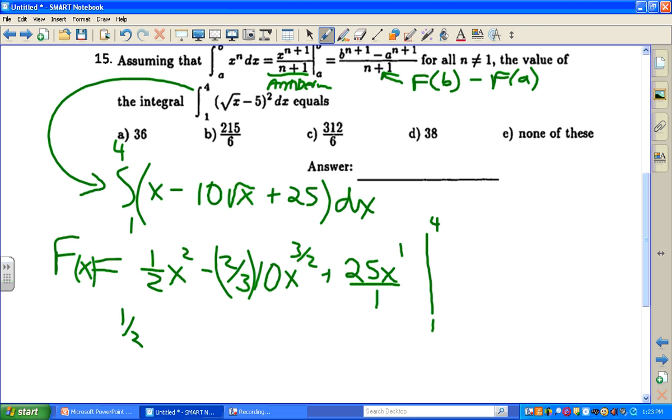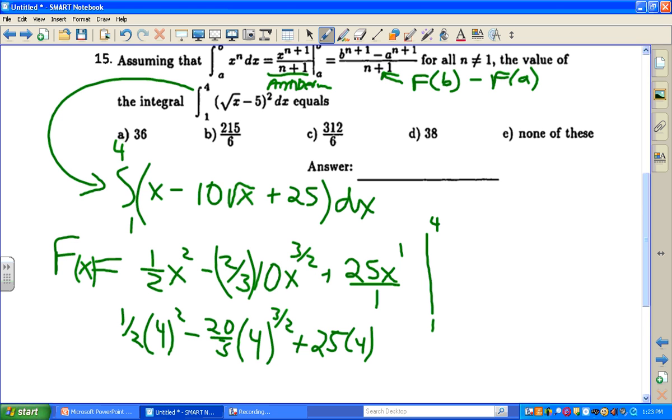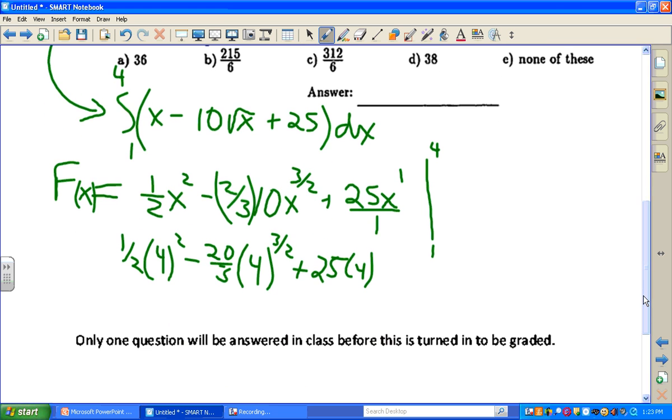So I have 1/2 4 squared minus 20/3 4 to the 3/2 plus 25 times 4. Here comes the fatal mistake made by a lot of people in the second semester. Yes, as far as the difference between an A and an F on a test. They subtract the whole thing.